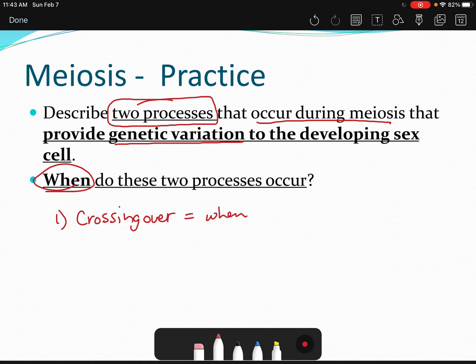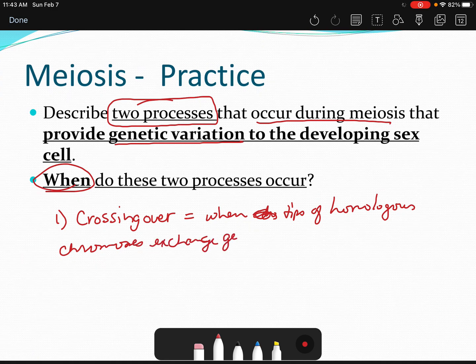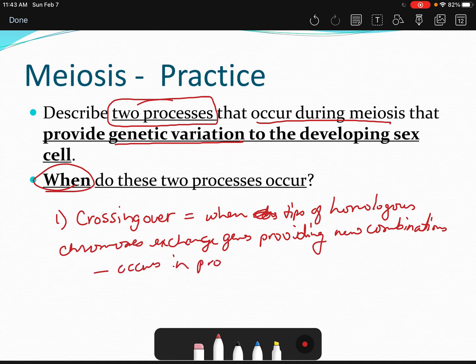And that's when chromosome tips of homologous chromosomes exchange genes, providing new combinations. Thus, new genetic variation. And it occurs in prophase 1.